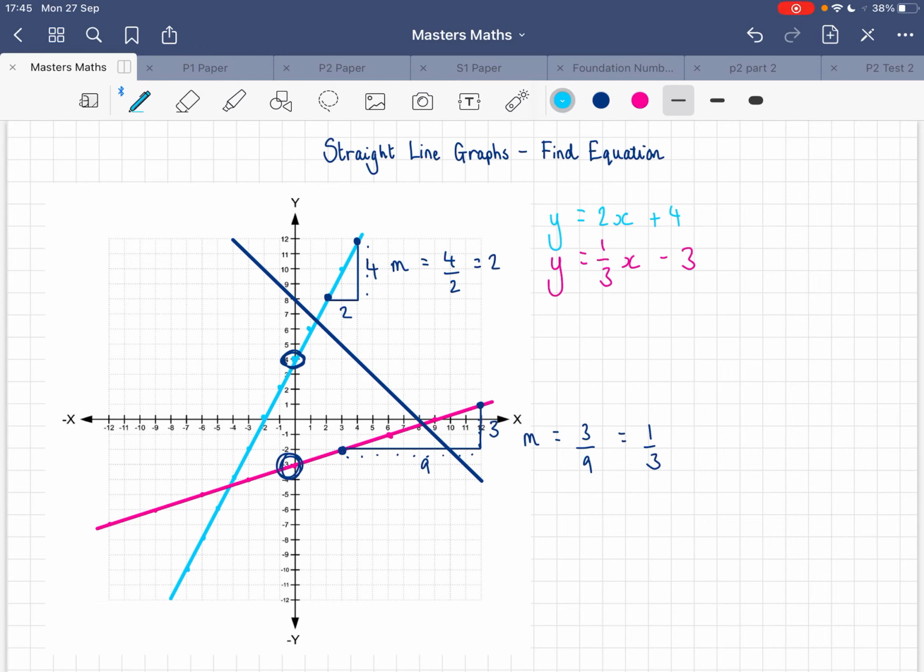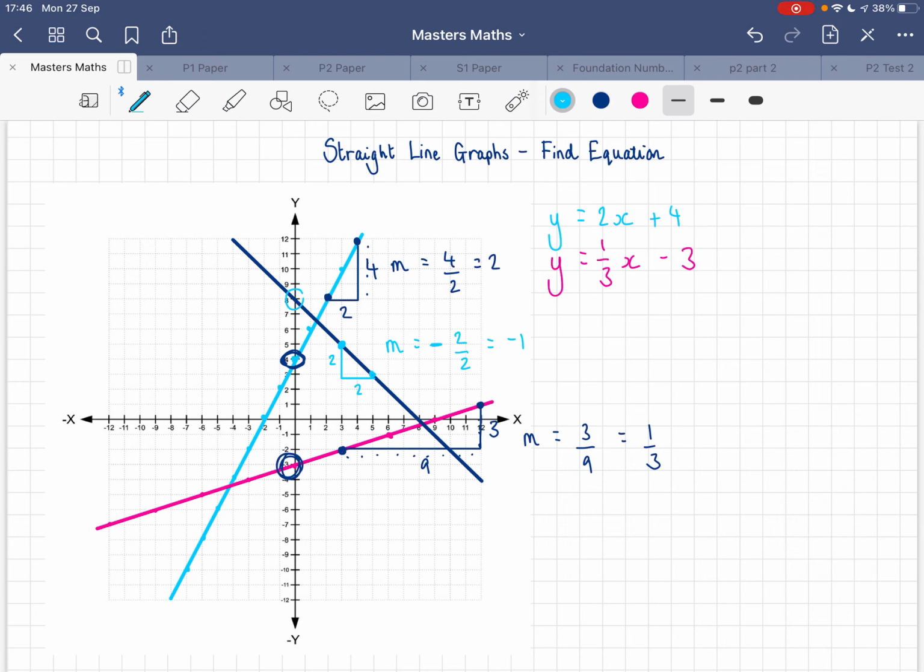And then very last one, we've got this dark blue line. I'm going to pick 2 points to find the gradient. I'm going to pick those 2. I'm going to join it up. I can see that my gradient is going to be negative. So I'm going to do m equals, this is 2, this is 2. So minus 2 divided by 2, which is just minus 1, because 2 divided by 2 is 1. That's my gradient.